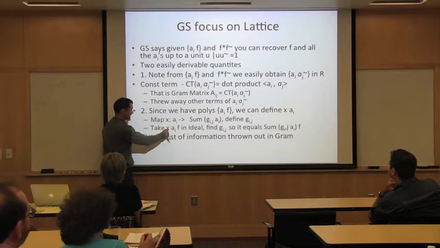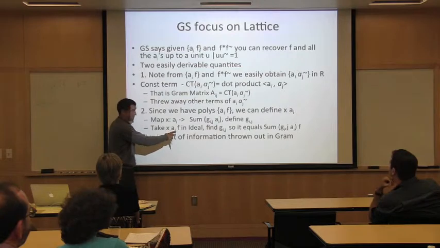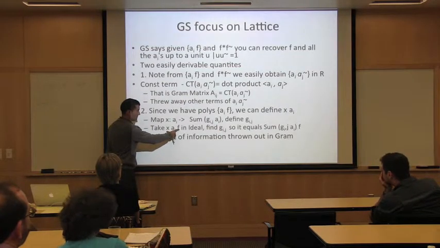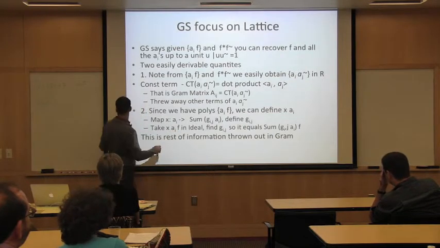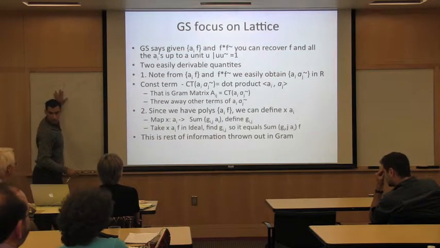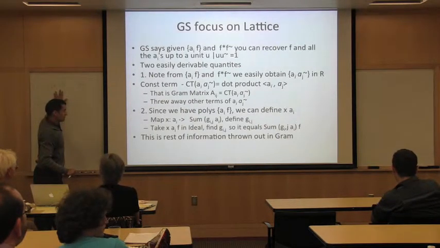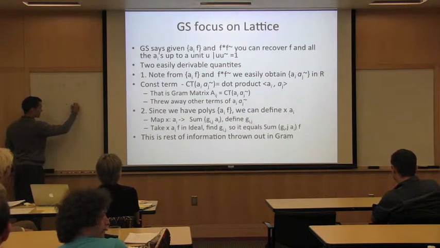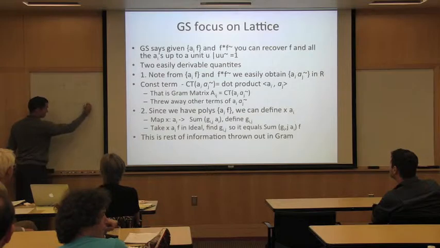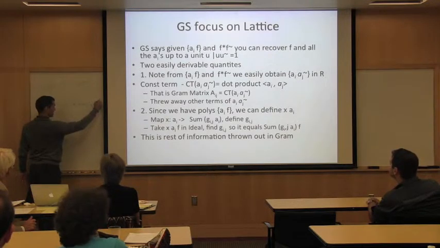Well, if you just take X times a sub i of F, which is a quantity you actually have, that's in the ideal of F. So using these lists of polynomials, you can figure out what those coefficients g sub ij are. So you can compute this mapping from X, which goes from a sub i to a sum of g sub ij times a sub j.